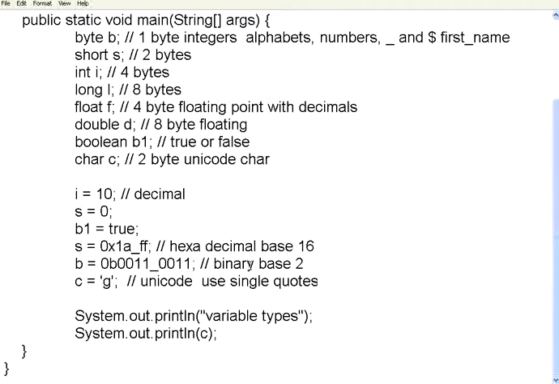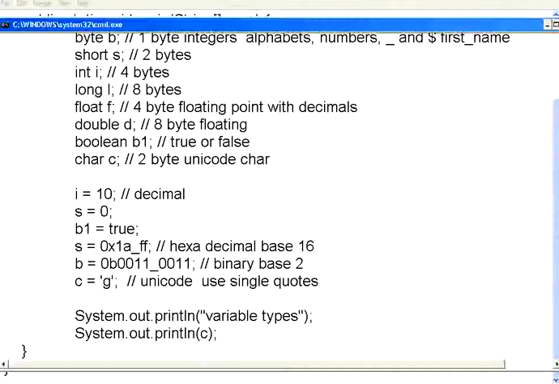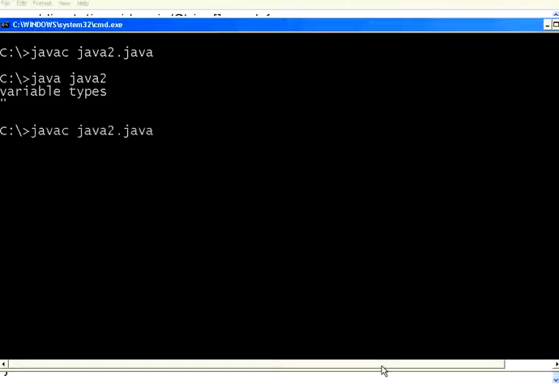For character variables, you have to use only single quotes. Let us compile it, then execute. Now that variable gets printed. Regular English characters, ASCII characters, no problems. If you want other languages like Latin, Greek, Hindi, you can use Unicode characters.